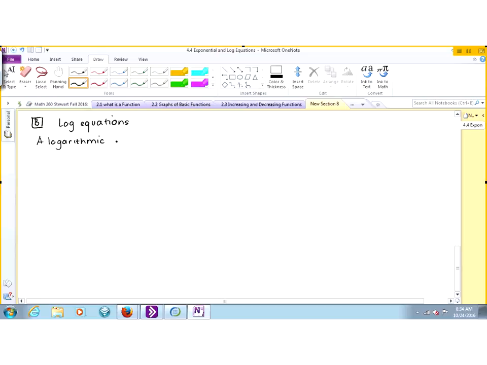A logarithmic equation is an equation in which the variable occurs as an argument of log. We call it the argument of log. It's not like a debate or something like that. It's called the argument of log. It's the expression that follows the log expression.